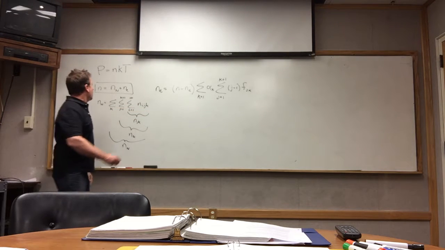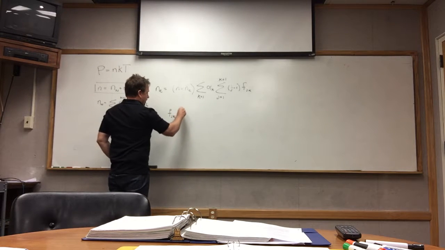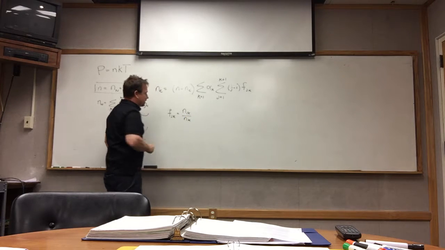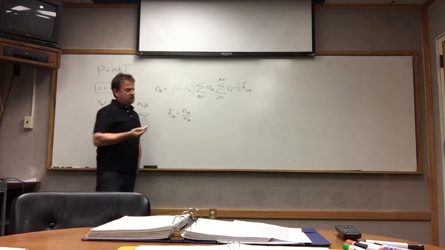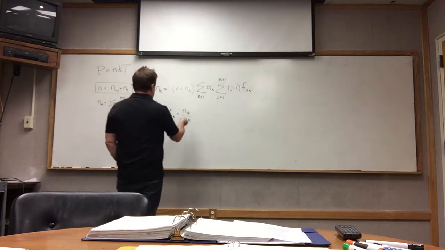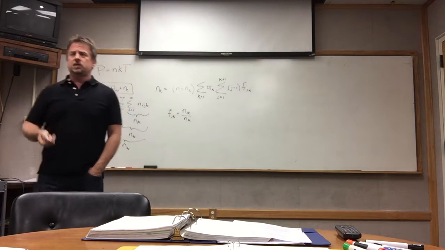Okay? And we defined FJK as Njk over Nk. So in other words, what's the number density of species K in ionization stage J relative to the number density of all of species K?